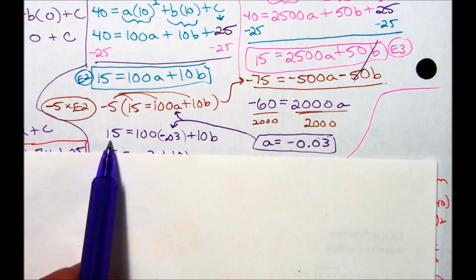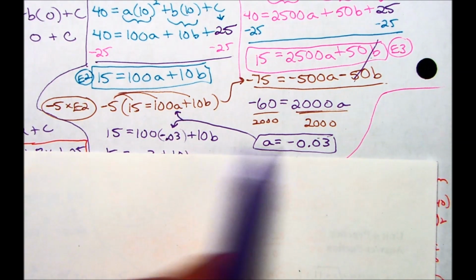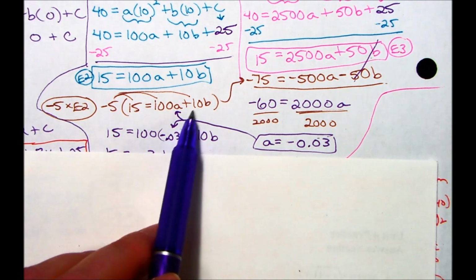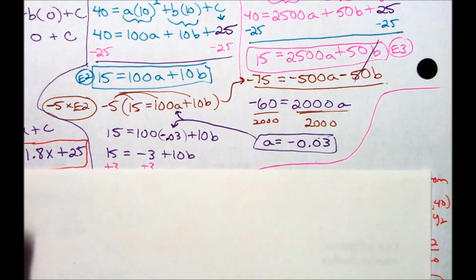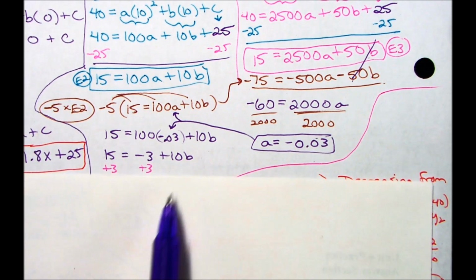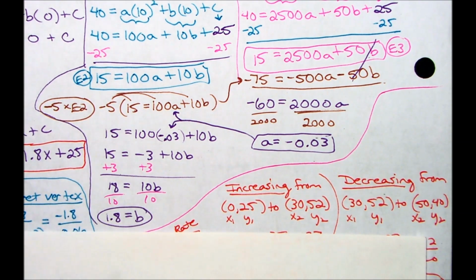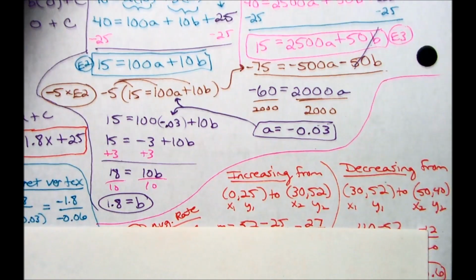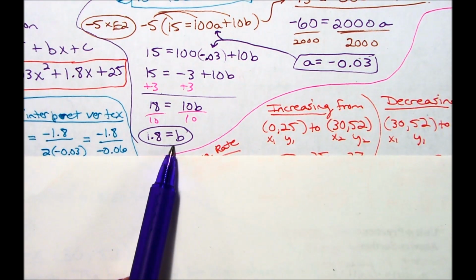The 15 I bring down equals the 100 times a, which I'm replacing with -0.03, plus 10b. Multiply the 100 with the -0.03 together, and you get -3 plus 10b, and then add your 3 to both sides, divide by 10, and we end up getting our value of b is 1.8.